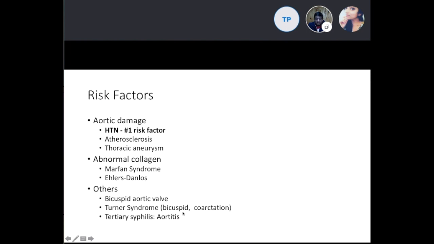In Turner syndrome, aortic dissection is actually the most common mode of death, which I didn't know. Then tertiary syphilis or aortitis used to happen a lot more in the old days, but it's very rare to see now. It's still a possible risk factor.